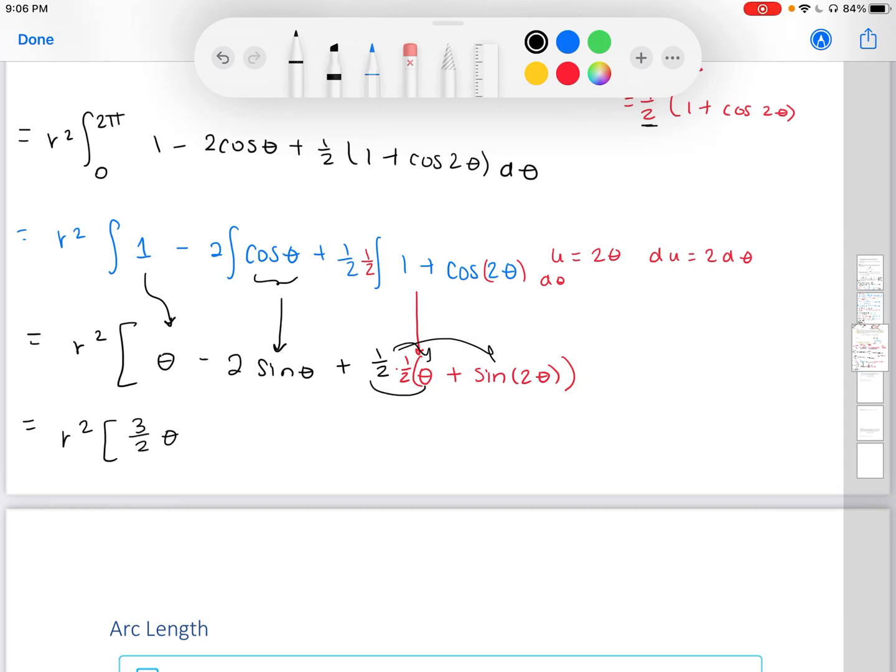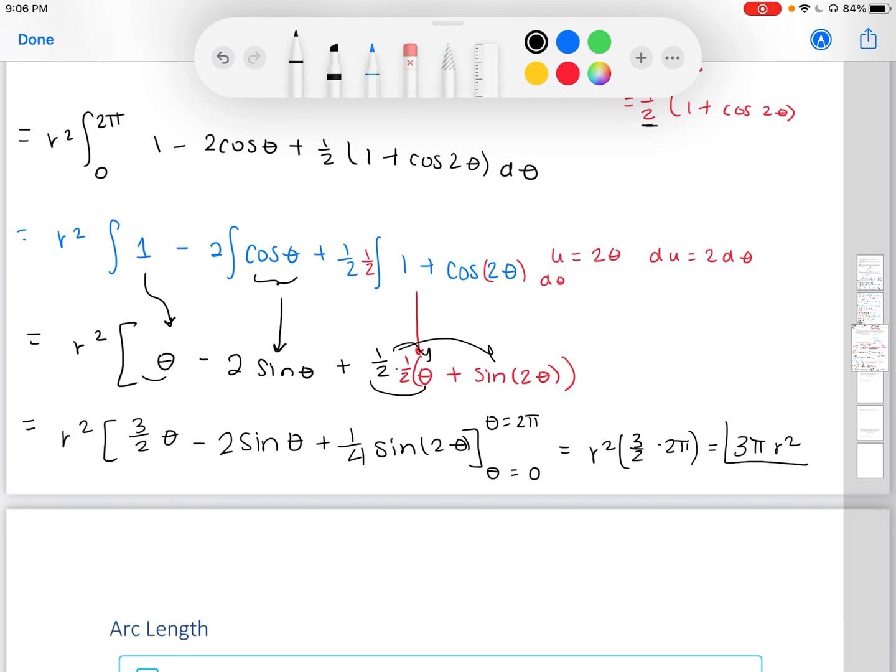Once we combined our thetas, we got 3 over 2 minus 2 sine of theta plus 1/4 sine of 2 theta, when our theta is from 2 pi and 0. We plug those in, we're left with r squared is equal to 3 over 2 times 2 pi. 3 pi r squared is our final answer.